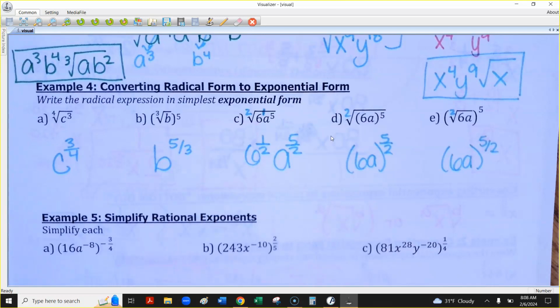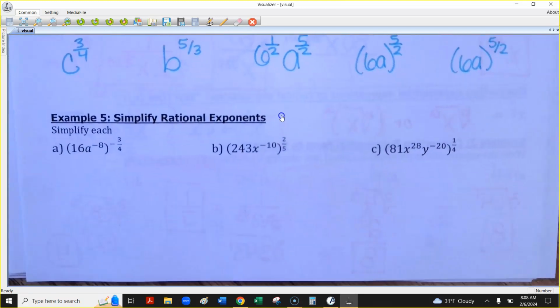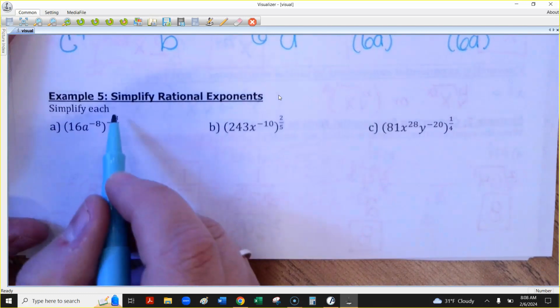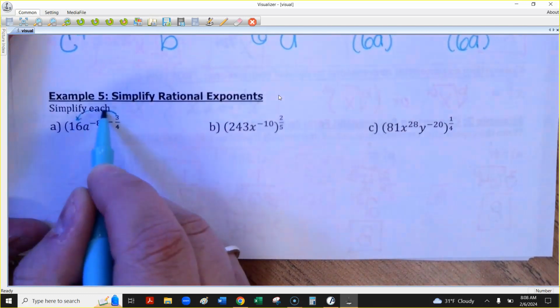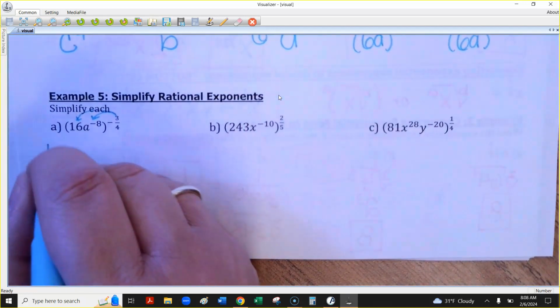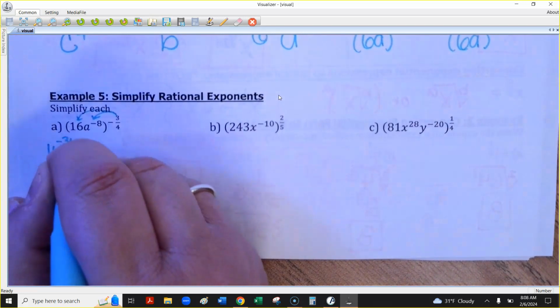Okay, now we're going to put everything together at the bottom here. I've got variables and I've got numbers, so we're going to try and simplify the numbers and simplify the variables too. This is a power on the outside of some parentheses, and inside I have a product. So everybody gets that negative 3/4 power.